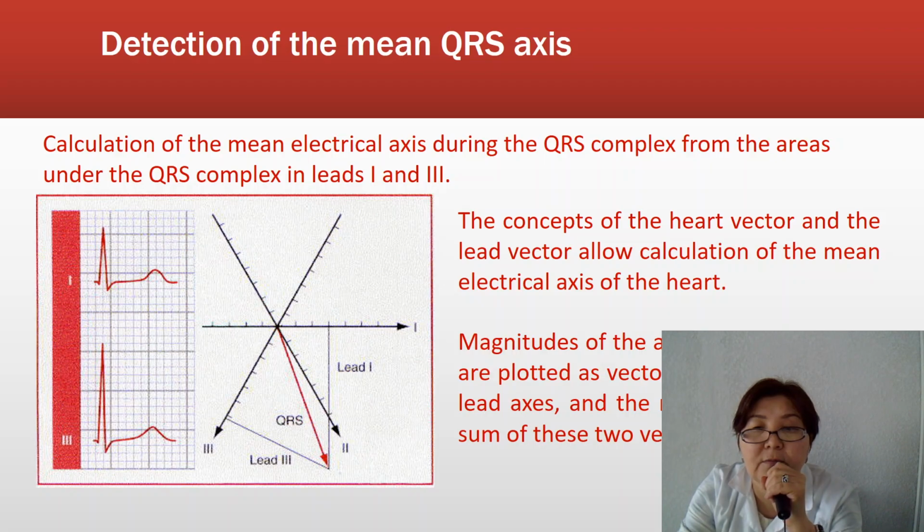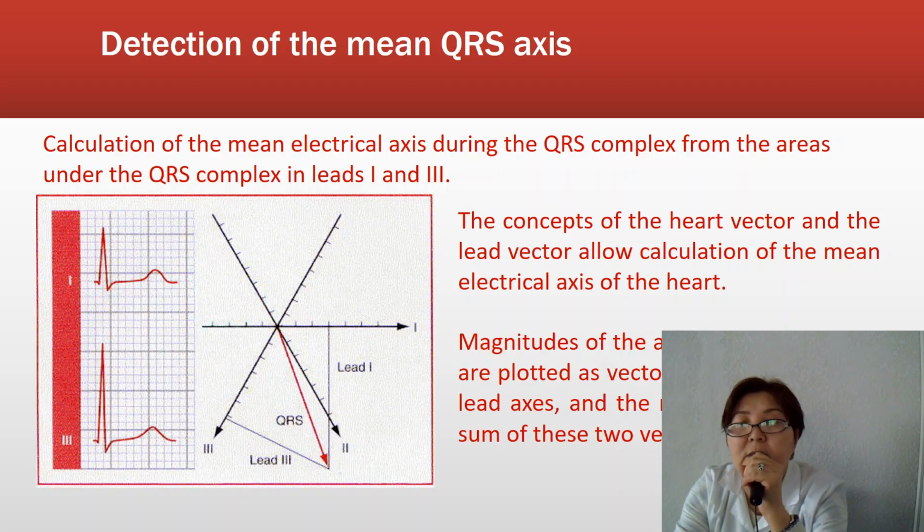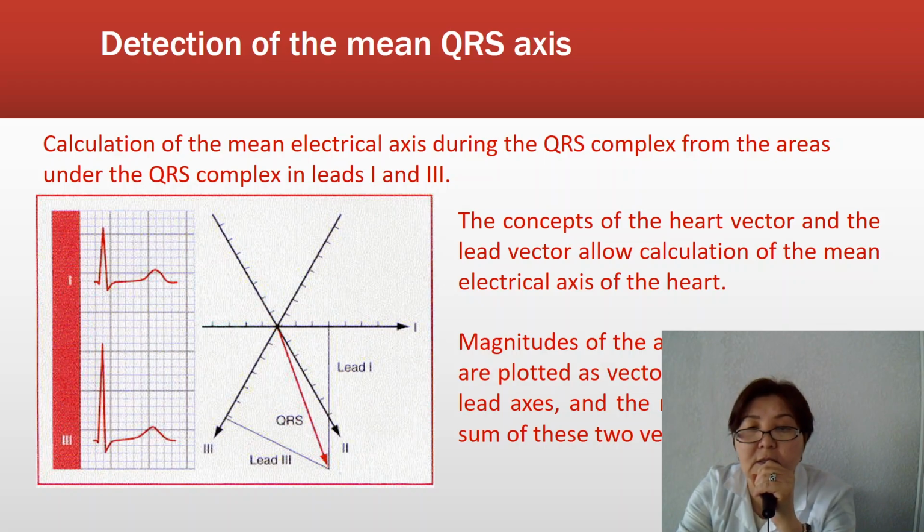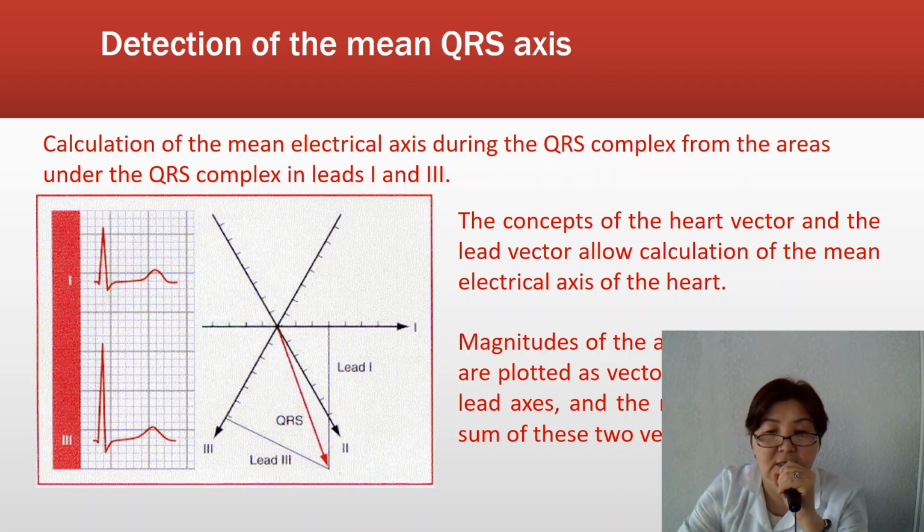The concepts of the heart vector and the lead vector allow calculation of the mean electrical axis of the heart. Magnitudes of the areas of the two leads are plotted as vectors on the appropriate lead axis, and the mean QRS axis is the sum of these two vectors.